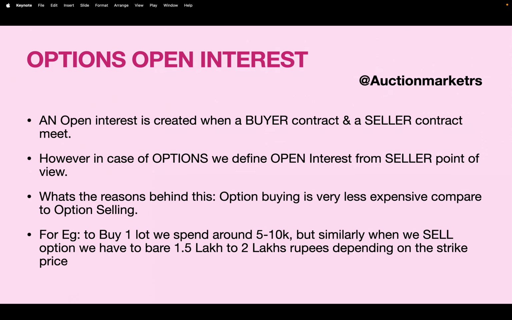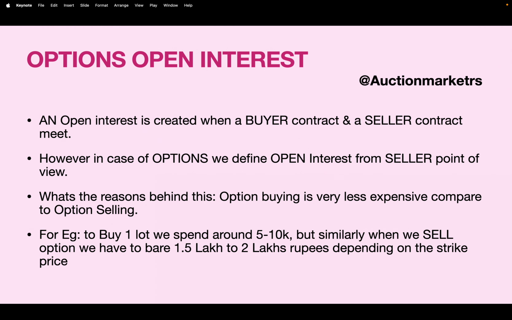So we'll start with the first one, options. What is options open interest? I'll first explain this slide and then elaborate on it. When buyers and sellers meet and that particular contract closes, one open interest token is generated in every market.